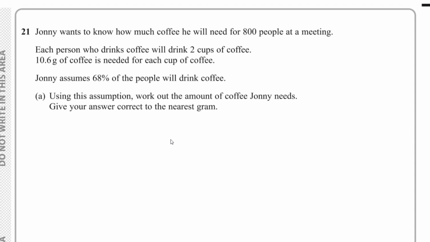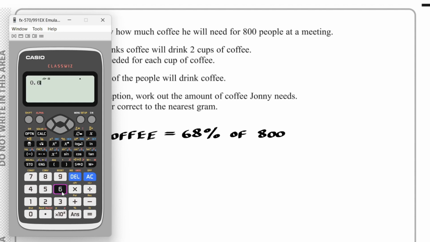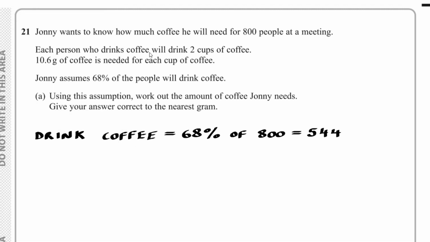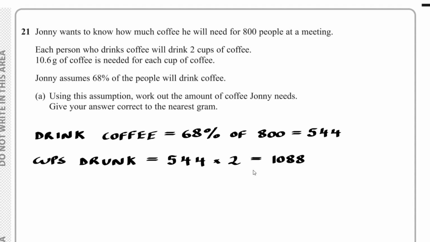We can first of all find out how many people drink coffee. We've got 68% of 800, and if I work this out, we get 544. So 544 people drink coffee. Now each person drinks 2 cups of coffee, so the cups drunk is 544 times 2, which is 1088.